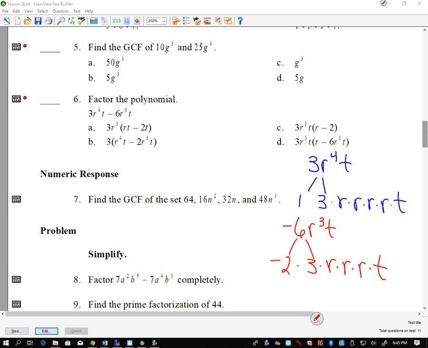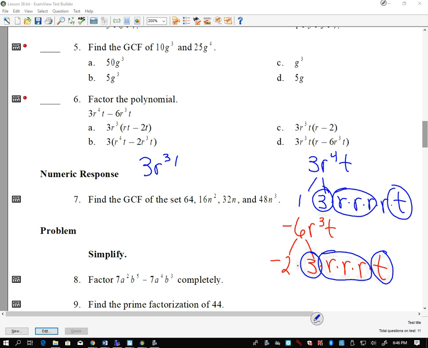So we want to look at what we can take from everything. Well, we can take a 3 here and a 3 here. We can take at most 3 r's from everything and 1 t. So what I could take from this is 3r cubed t, and whatever I don't use is left inside.